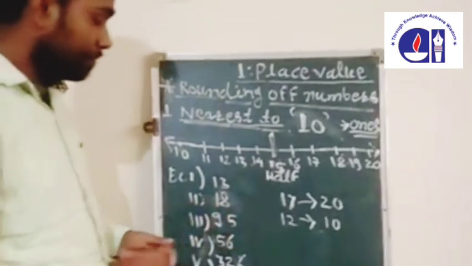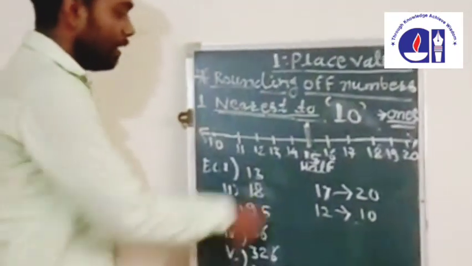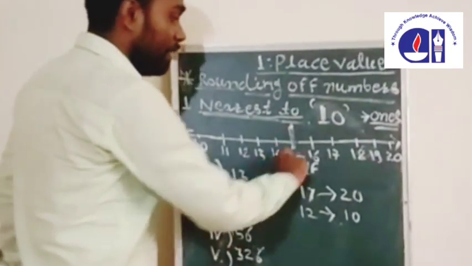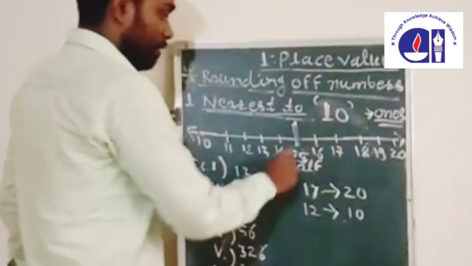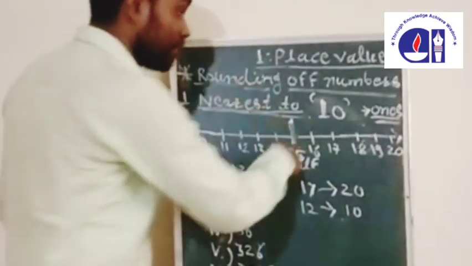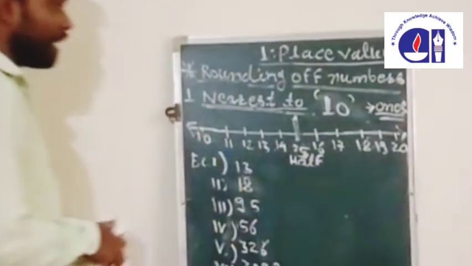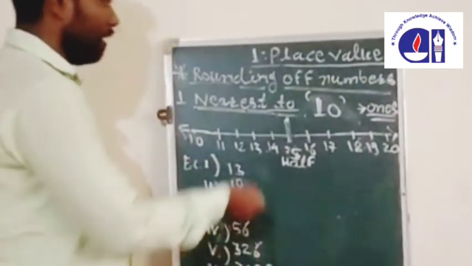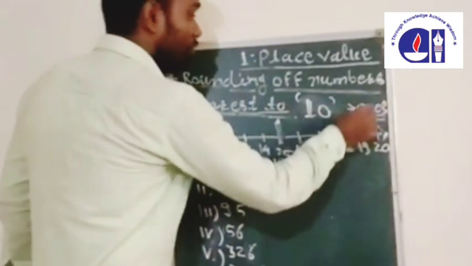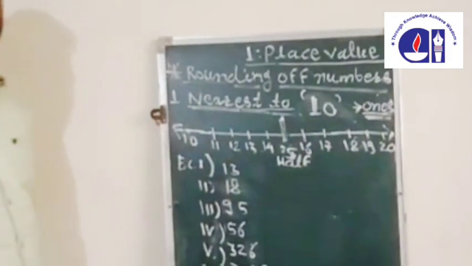Now if the number is 15, the numbers from 15 to 19 are nearest to the next 10, 20. So now we will see exactly how to round a number to the nearest 10. We have to take the ones place of the given number.